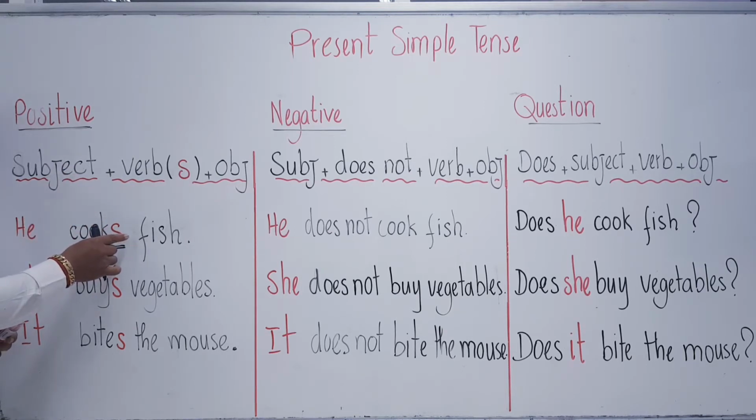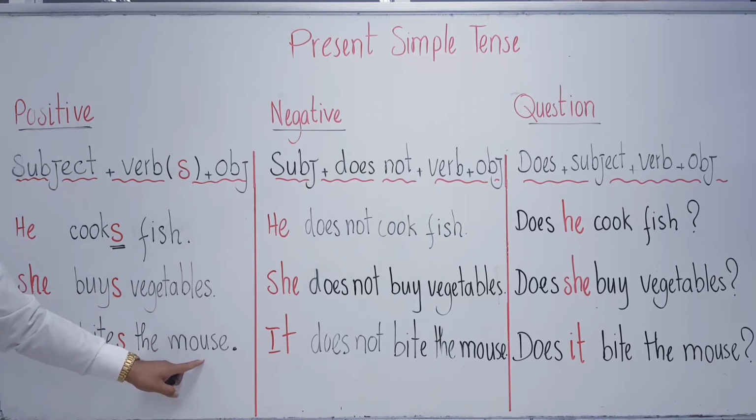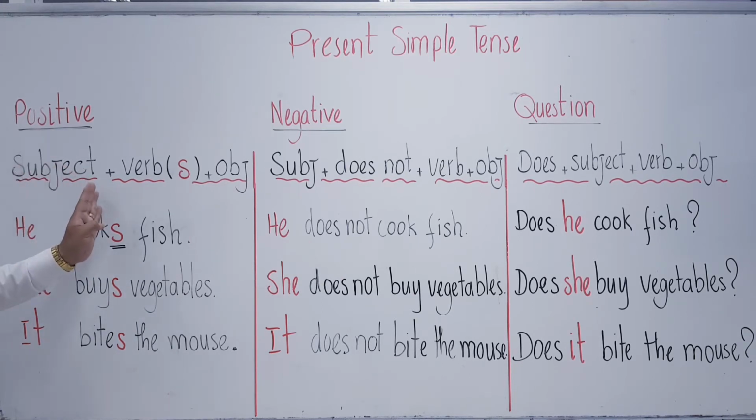Are you clear? Now, let's go again. He cooks fish. Another one. She buys vegetables. It bites the mouse. This is the affirmative form with the third person singular.